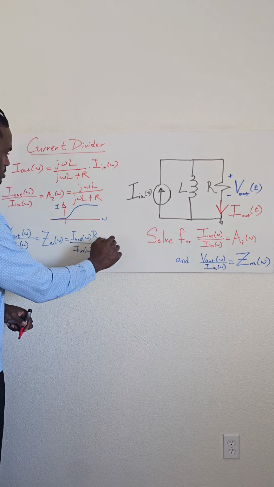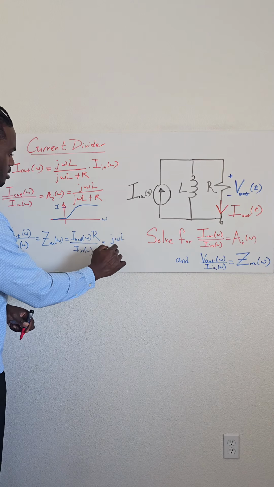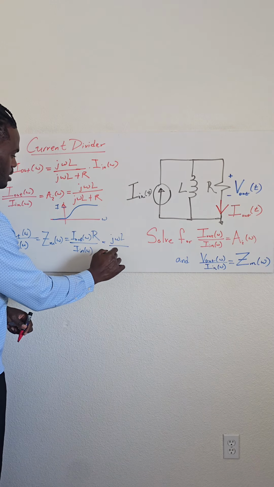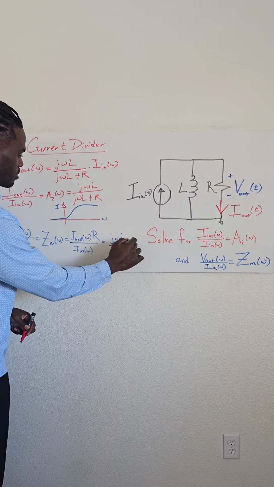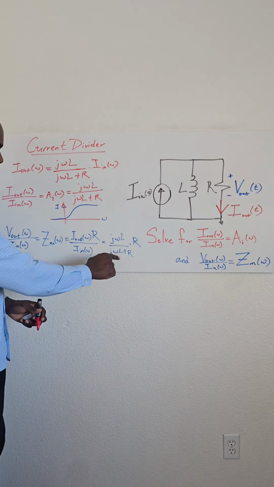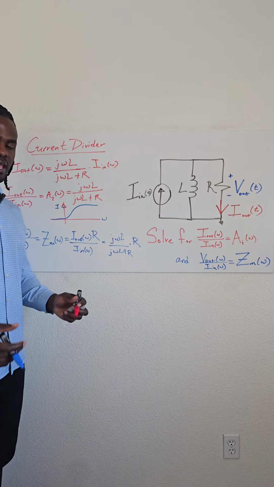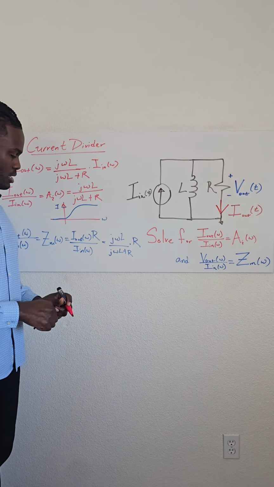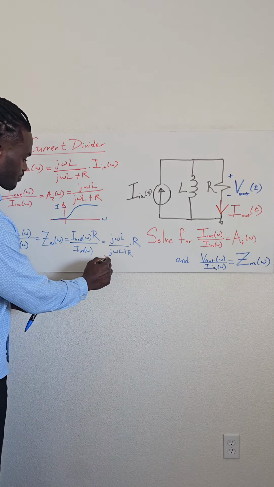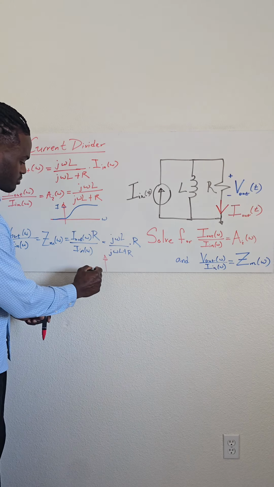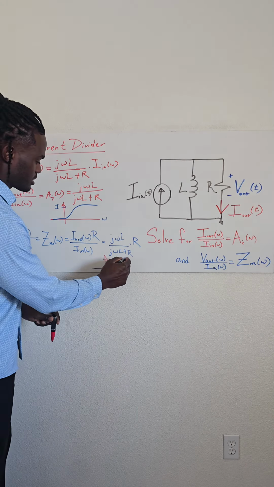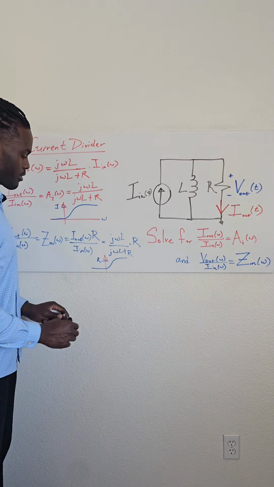So then this becomes j omega L over j omega L plus R times R. And this here is basically what's called a high pass response, essentially because my frequency response is 0, and then it goes up and saturates at this value R.